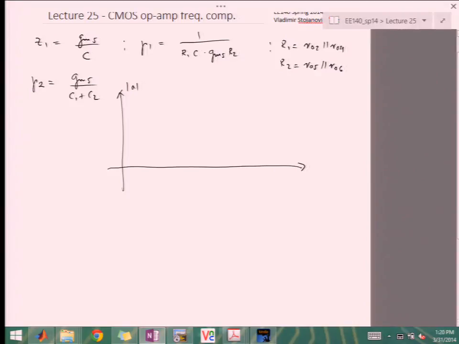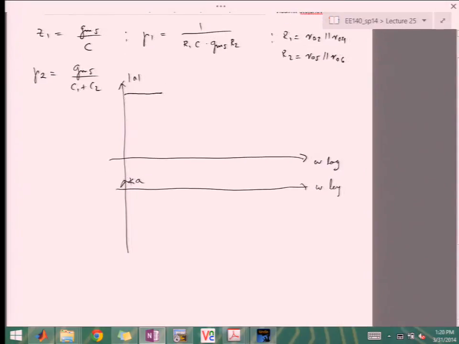So we'll have a log, and the angle of A. Again, we're going to start from something that is a DC gain.